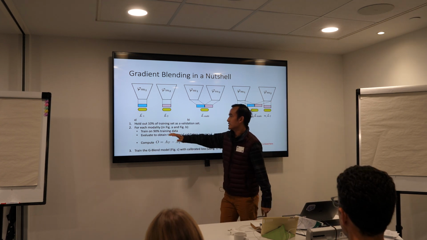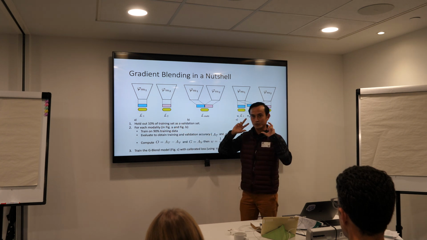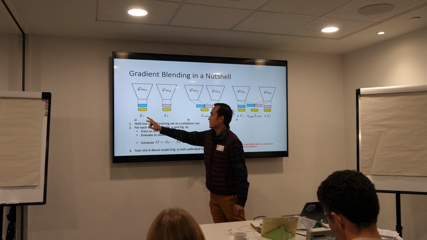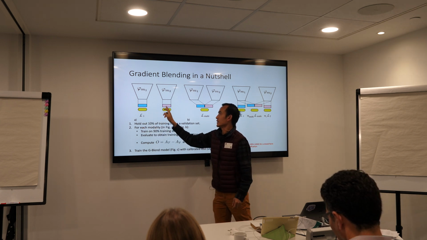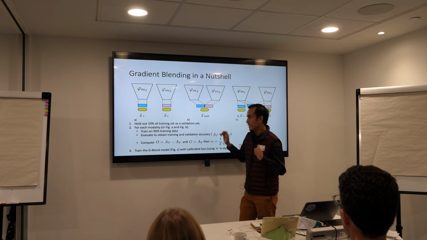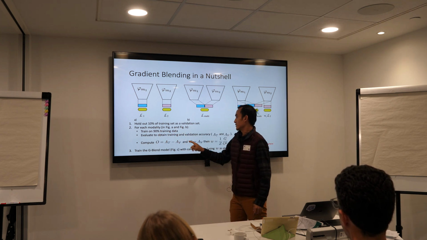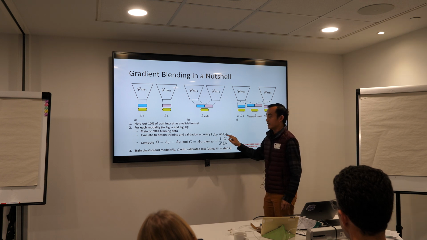First, you sample 10% of your training set to yield a pseudo validation set, and you train each of the modalities independently. That's simple, right? After that, you evaluate on training and pseudo validation to get training accuracy and validation accuracy.